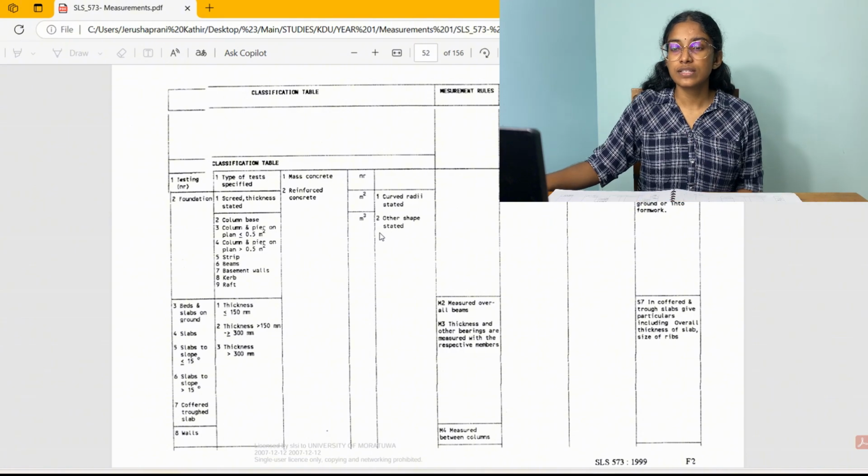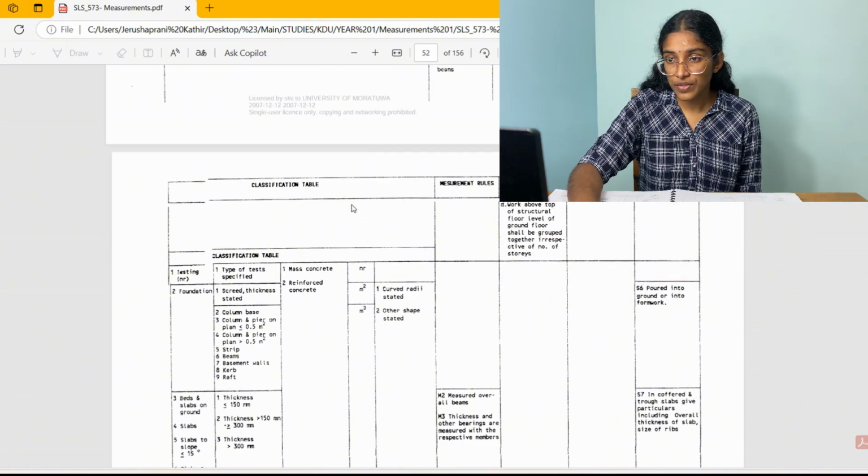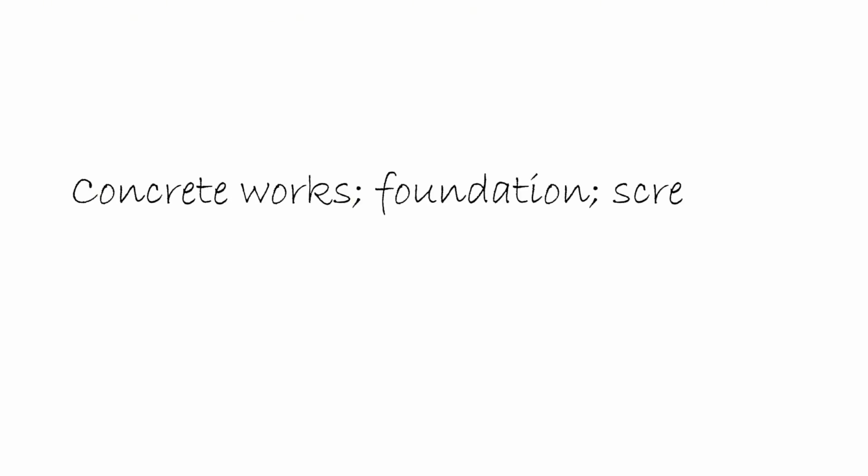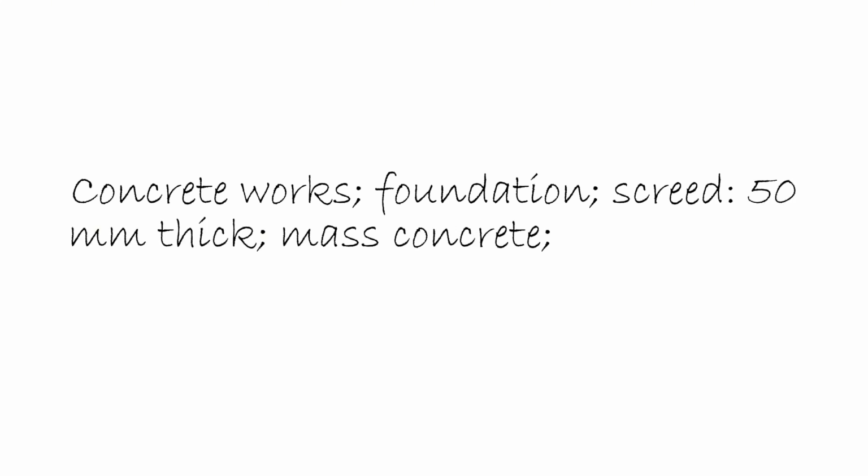So how to write the description? If you follow my method, you will be saying concrete works, semicolon, for foundation, semicolon, under screed with, you have to state the thickness, which is 50 millimeters of thickness, semicolon, on mass concrete, semicolon, rectangular shape.